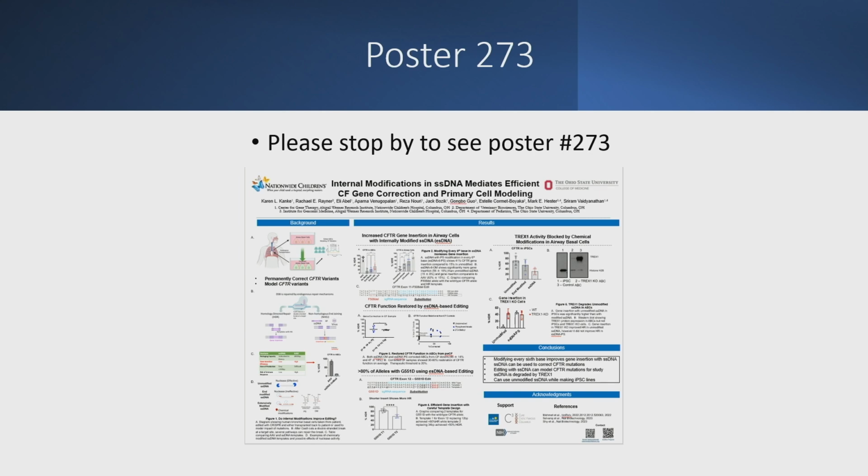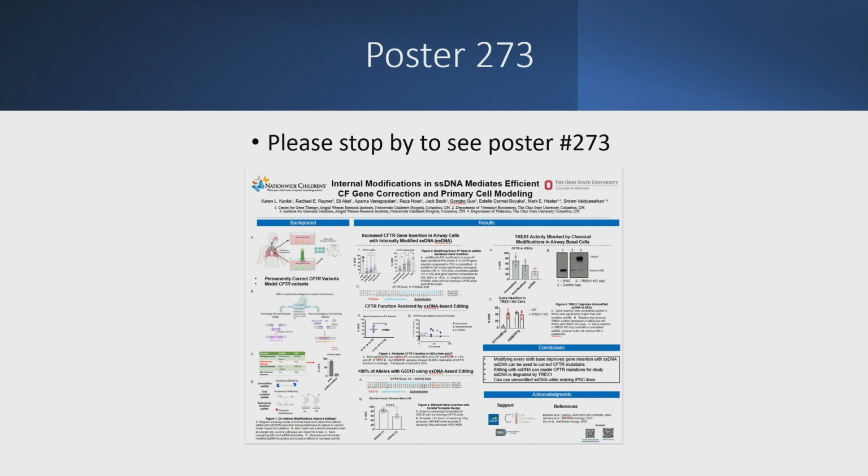I had one question as well. It was really convincing, the data you showed, that the effect was mediated through TREX1. I was wondering whether TREX1 is known to be a 5' to 3' or 3' to 5' exonuclease, and if you know that, do you think it would be possible to tailor your modifications just to that end and see if it would have the same effect as modifying all the way through? Good question.